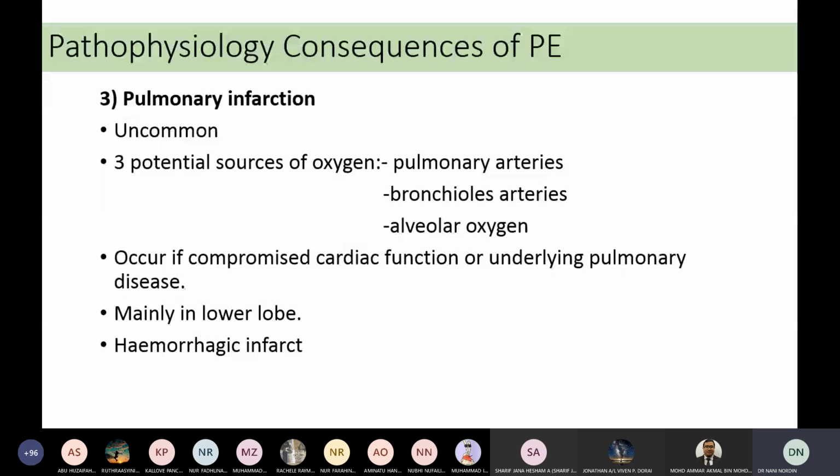Unless there is cardiac function compromise or underlying pulmonary disease in which these other factors, the bronchial artery supply or the alveolar oxygen, deteriorate. So only when you have this other condition on top of pulmonary embolism will you get infarction.